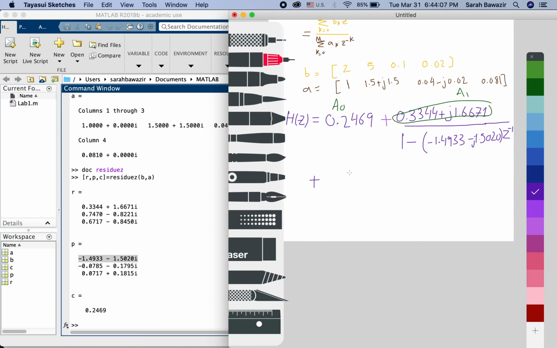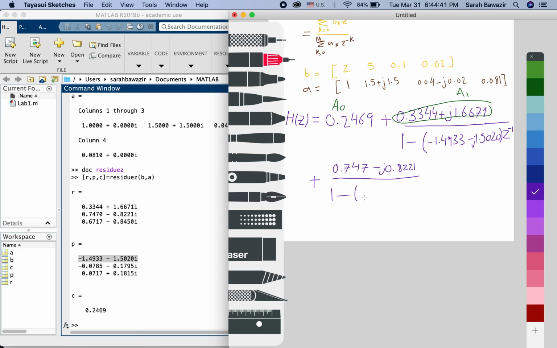and then the second term is 0.747 minus 0.822j here, 0.8221 over 1 minus the pole. What is the pole?